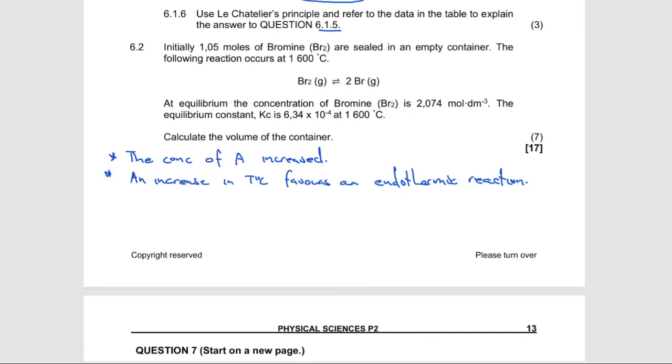Then the reverse reaction is going to be favored. As the closing bullet, the reverse reaction is favored.